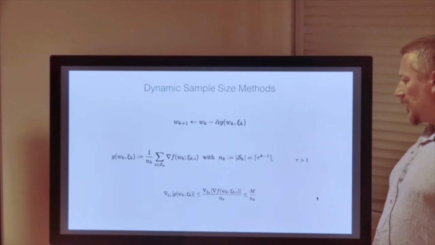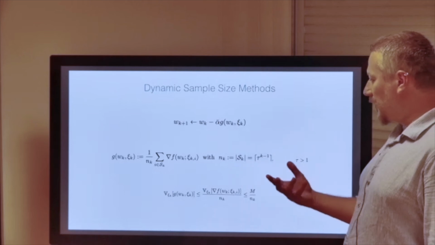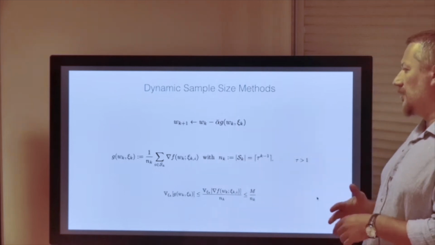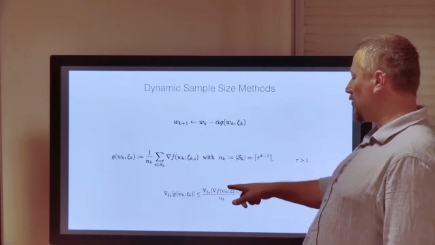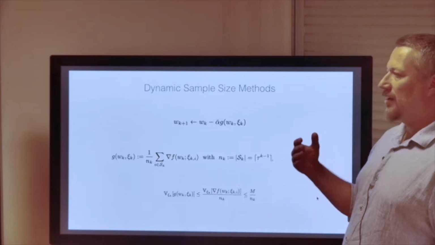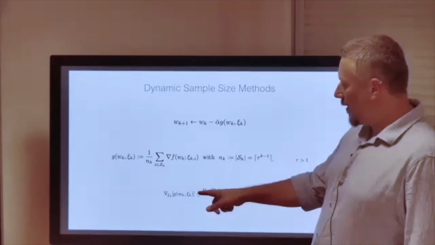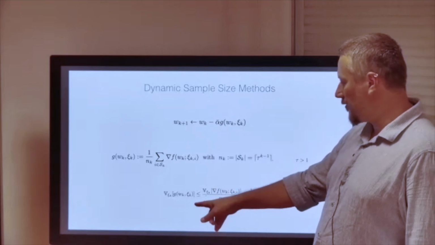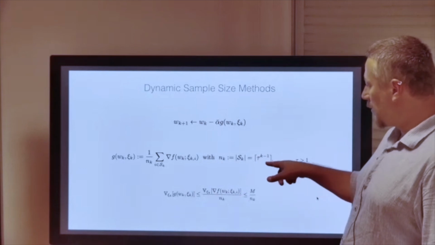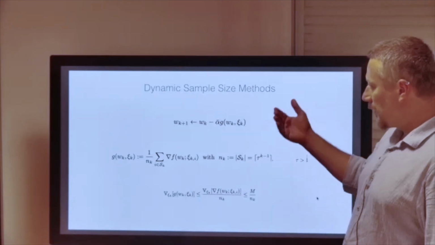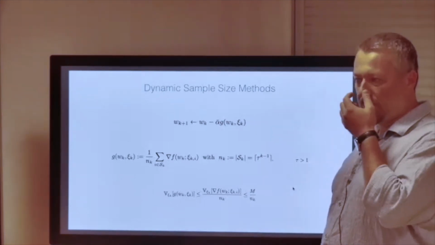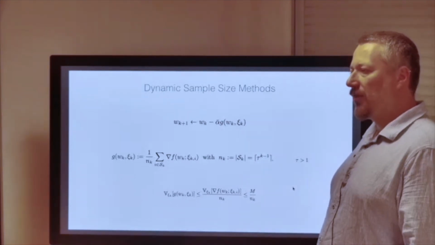If the variance of the gradient evaluated at each data point is bounded above by a constant M, then if you keep increasing the mini batch size, your variance diminishes by n_k, and if n_k grows exponentially, then your variance diminishes exponentially. So you can make this satisfy the condition of the previous theorem.